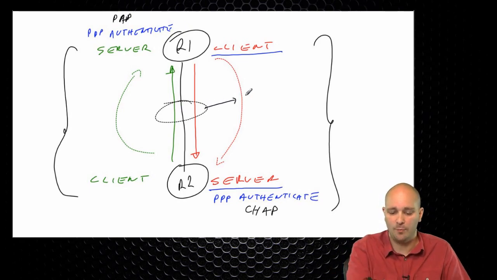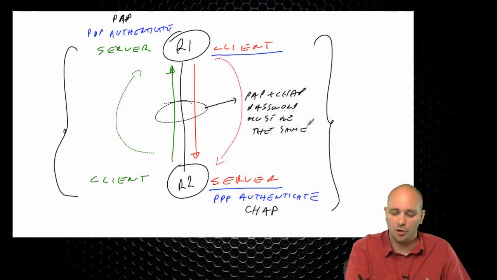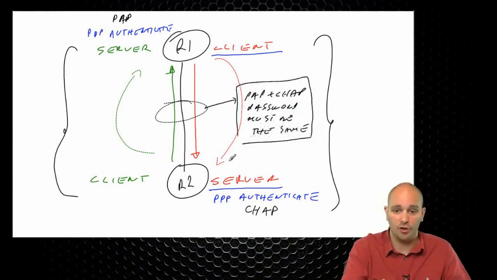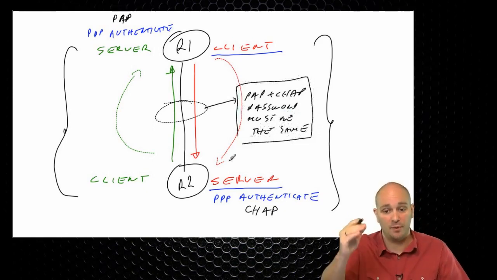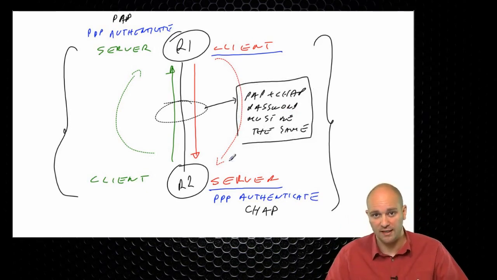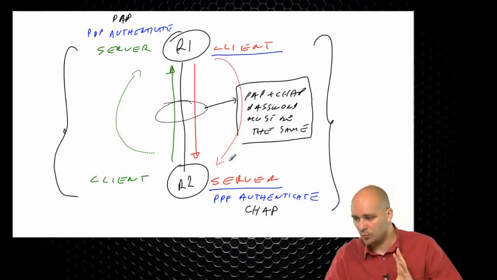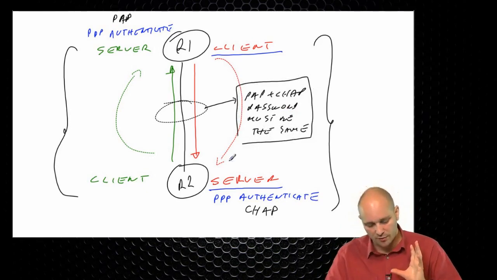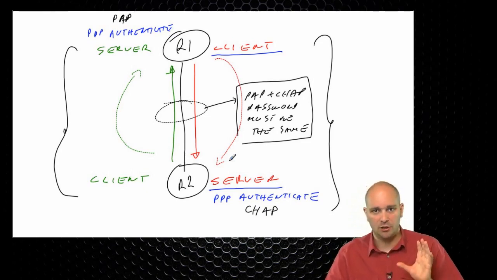So if you are running PAP and CHAP, the password must be the same. Any other combination, it's okay to have a different password for the green authentication and a different password for the red authentication. This is just one of those caveats that you need to be on the lookout for.